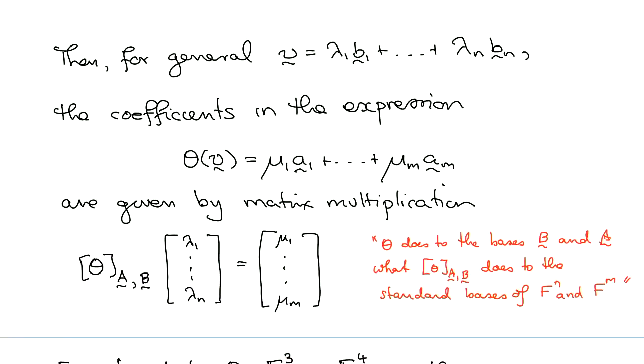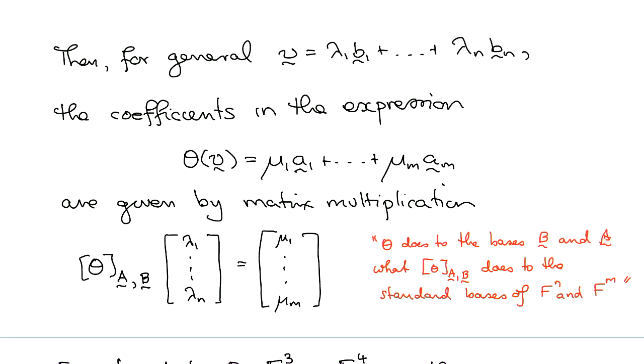But maybe what I didn't say right at the end of last time was the following. The point of this, or the way it's working now, is if you have a vector v in your domain, that means it can be written as a linear combination of the b's, the basis of V. Then what this matrix is doing is computing the coefficients mu_1 up to mu_m, where theta of v is written in the basis of W, and it's doing it exactly by matrix multiplication.